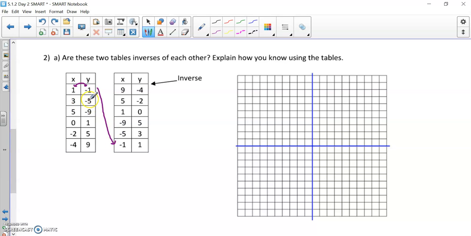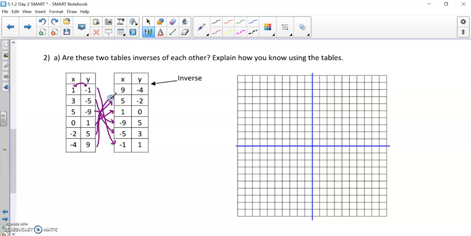(3, -5) should turn into (-5, 3), and it does, so we're good. (5, -9) should turn into (-9, 5), so there is one here, that's good news. (0, 1) should turn into (1, 0), and there's one right here, so we got a match. (-2, 5) should turn into (5, -2), and there's one right here. (-4, 9) should turn into (9, -4), and sure enough, that is the last point.